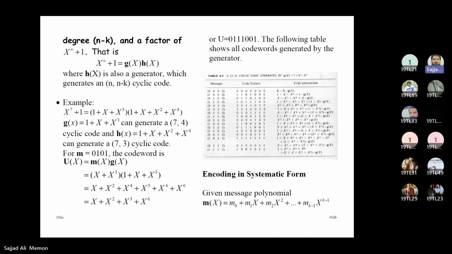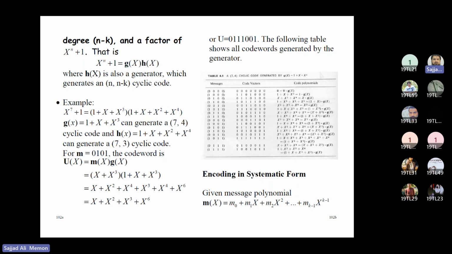So for m = 0101, the code word is u(x) = m(x) g(x), where m(x) is x + x^3 and g(x) is 1 + x^3, and the result is x + x^3 + x^4 + x^6.